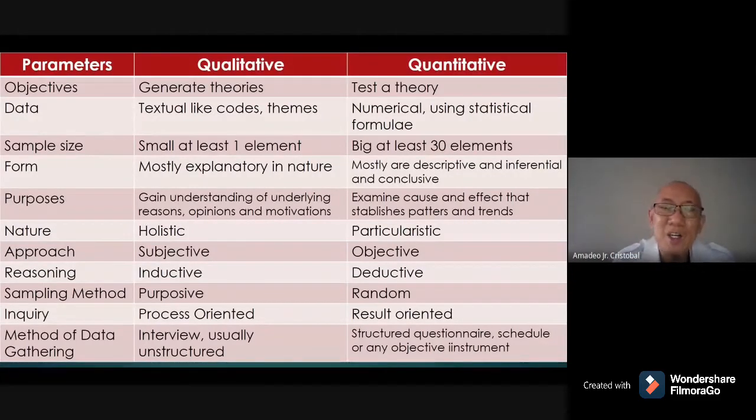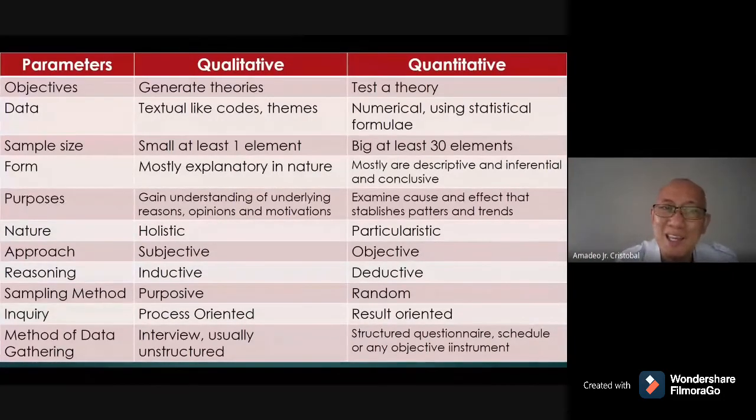Now, in your screen, you will see which has a smaller sample. So, qualitative can be as small as one element. It can be just one person of an extraordinary character. Say, for example, you have a case study of a genius child. So, just one. You have a case study of Duterte, only one president.